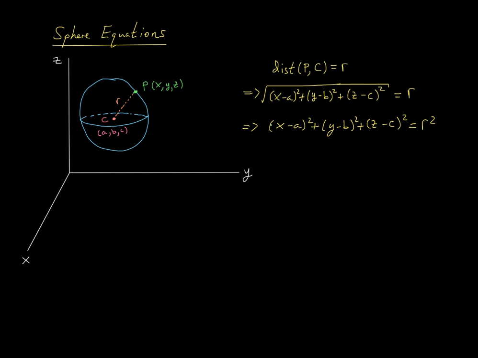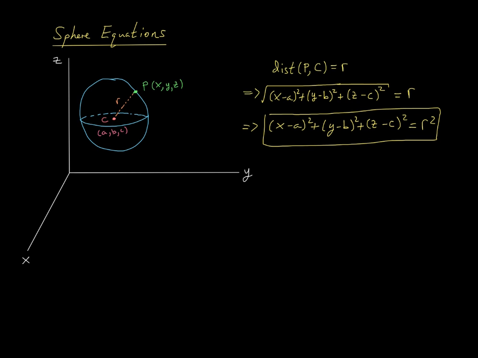And if you compare this to the equation of a circle in the xy plane, it looks really just exactly the same thing, except now again, like we saw with the distance formula, we just have this extra z term here, right, from that extra dimension. Okay, cool. So this is great. We now have the equation of a sphere of radius r and center at (a, b, c).